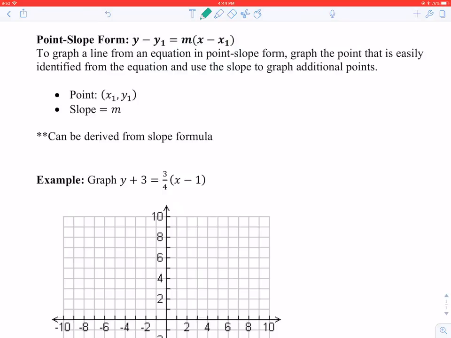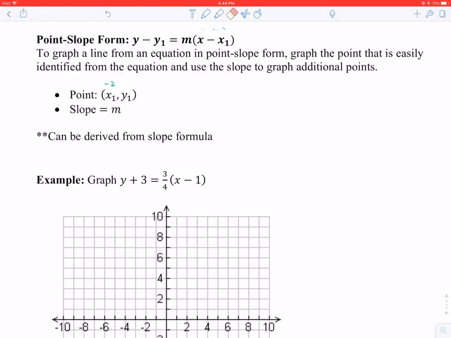So for example, if this said x minus 2, then 2 would be the x coordinate for the point. But if this said x plus 2, which is the same as x minus negative 2, that means the x coordinate would be negative 2.